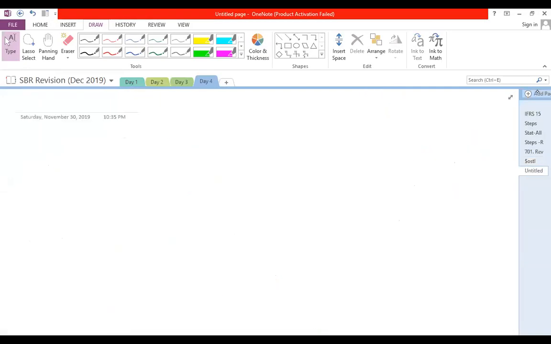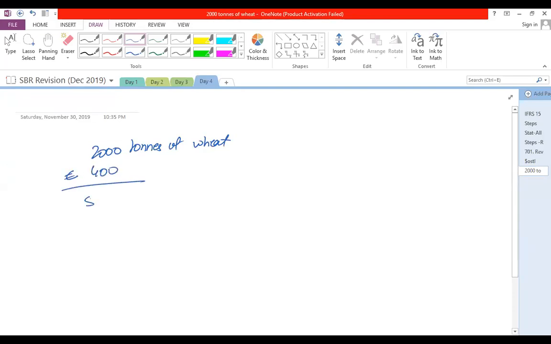So if I go back to the OneNote, we had made a contract to purchase 2,000 tons of steel. At what price? 400 euros. So if I multiply, this means 800,000 euros is the price that we need to pay.